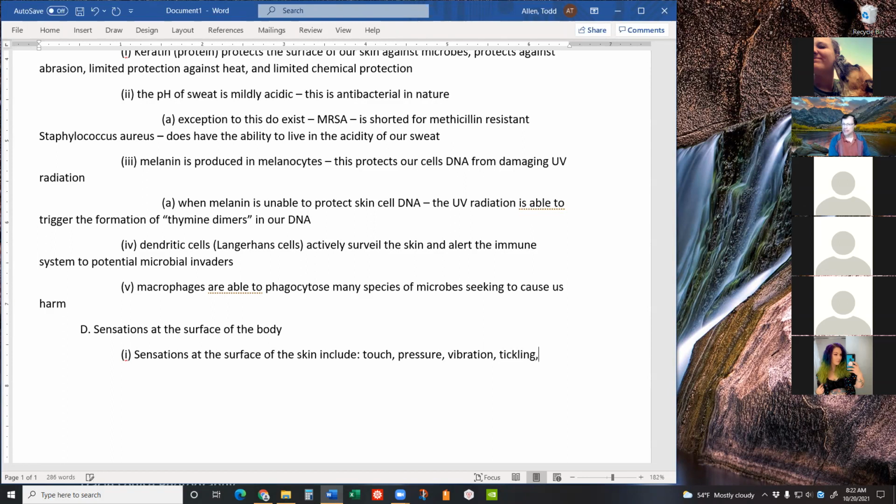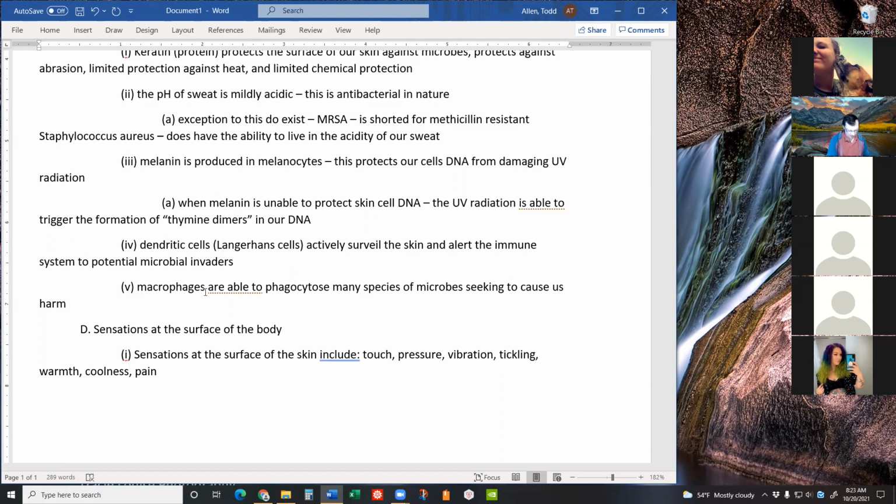We can detect tickling, right? Tickling has its own sensory apparatus. We can detect warmth. There's free nerve endings that detect changes in heat. There's also free nerve endings that detect coolness, okay? And there are also nerve endings which are pain receptors. We can detect pain, okay?